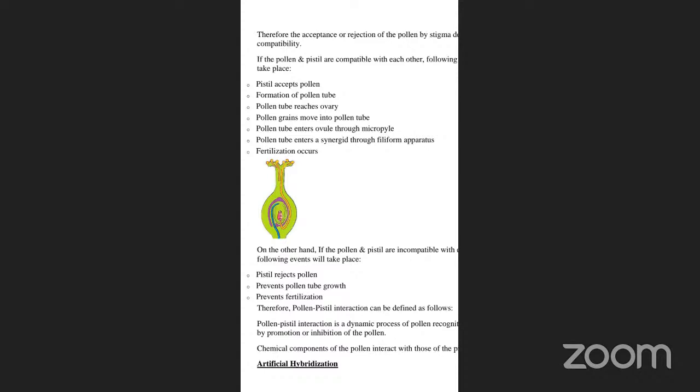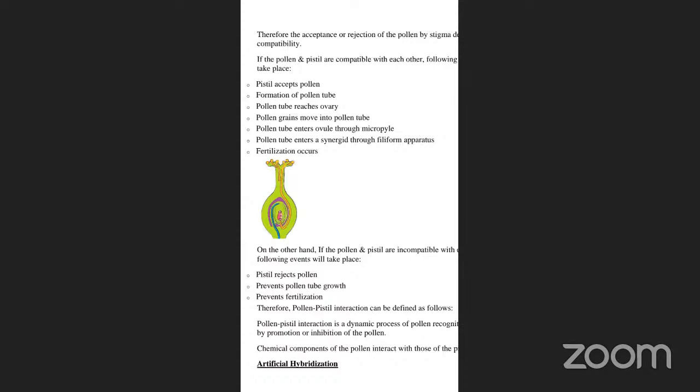The pollen tube enters the ovule through the micropyle. That is the main way to the embryo sac. The pollen tube finally enters the ovule through the micropyle, through the filiform apparatus.